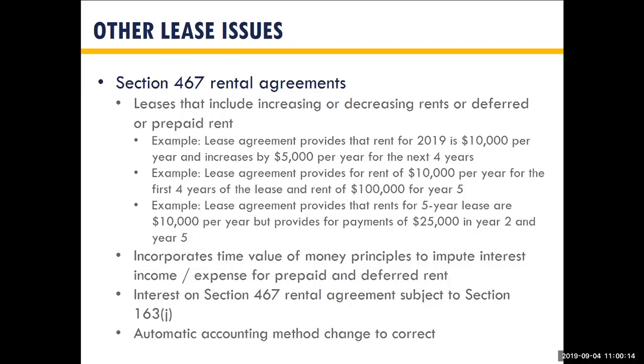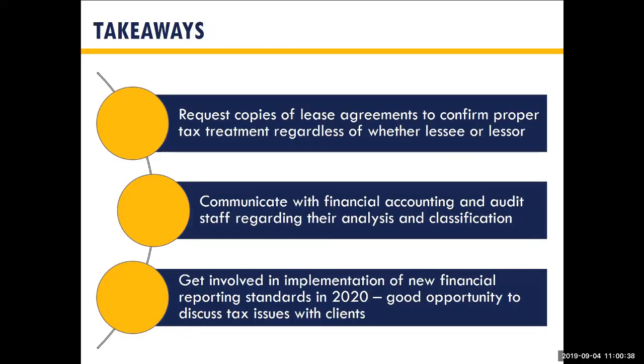The main goal of the tax accounting side of this is to take into account the time value of money component that's going on here. And for those of you who have been dealing with the new interest expense deduction limitations under 163(j), the impact of this provision is that the components of these payments that are classified as interest need to be treated as interest for purposes of the 163(j) analysis.